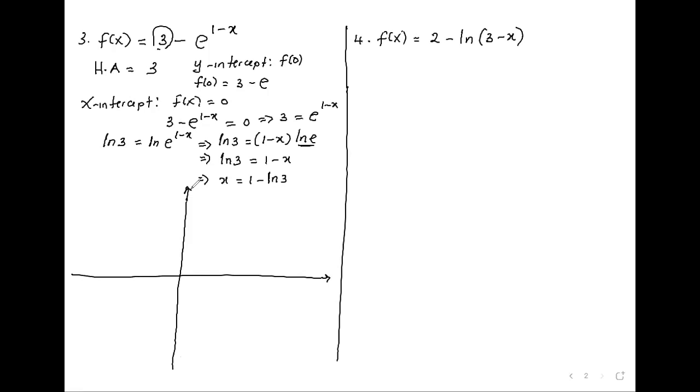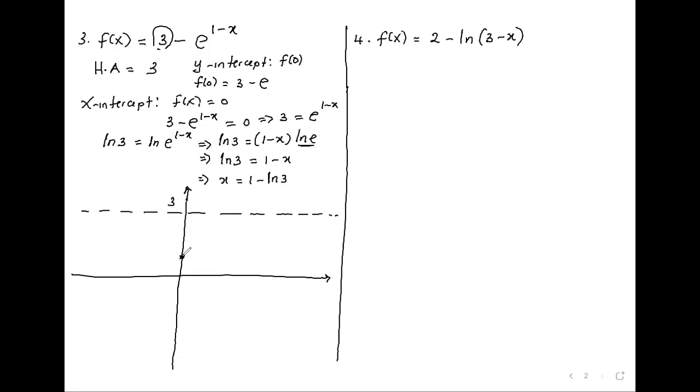So we have the asymptote is 3. The y-intercept is 3 minus e. That is 3 minus 2 point something. So you get something positive.